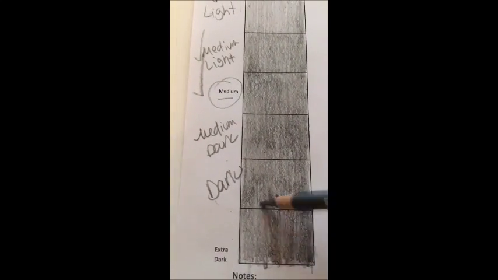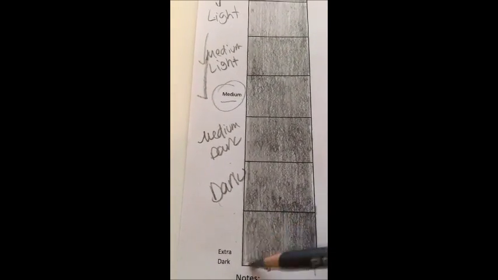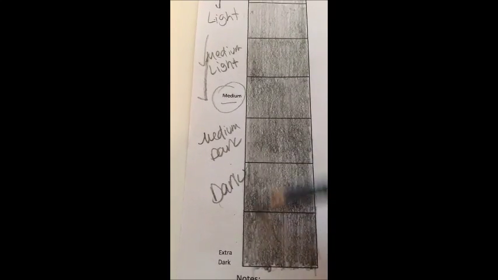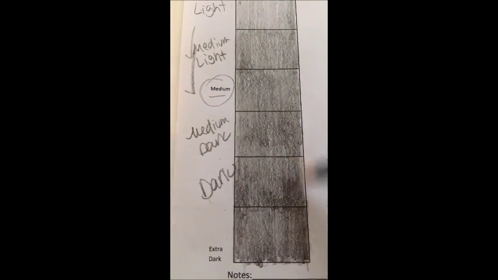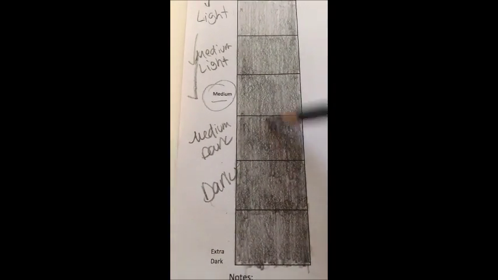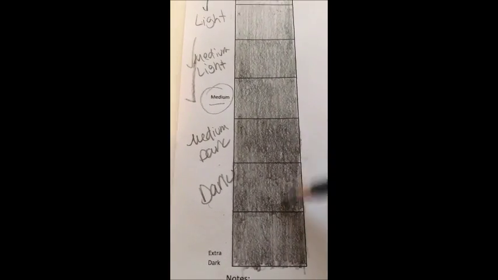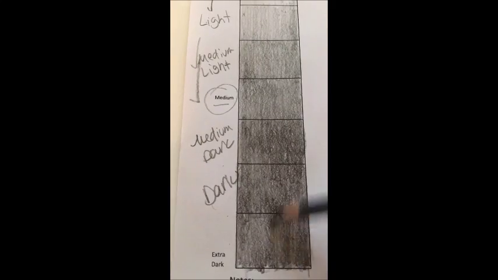I'm going to start at the bottom. I'm not going to press hard. Put my ebony layer. Got my medium dark. Now I'm going to go back and do my dark.